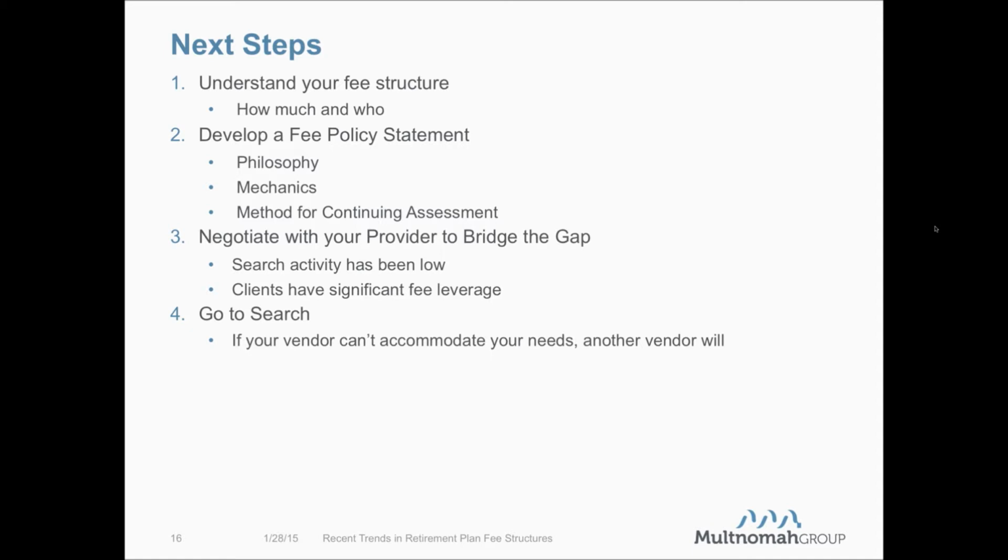I think that the trend, frankly, is toward zero rev share products and more direct and straightforward fee payments. So I would expect that that would continue, and that therefore the pool of available alternatives will continue to increase.